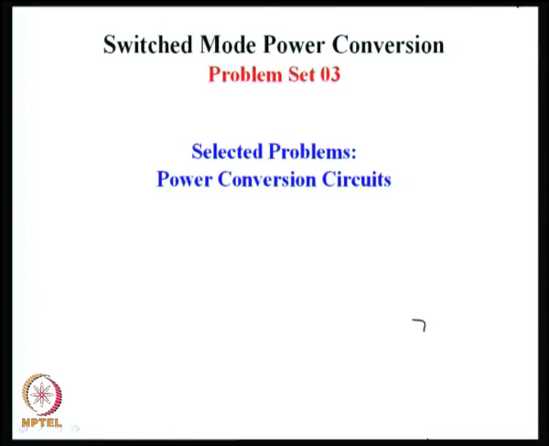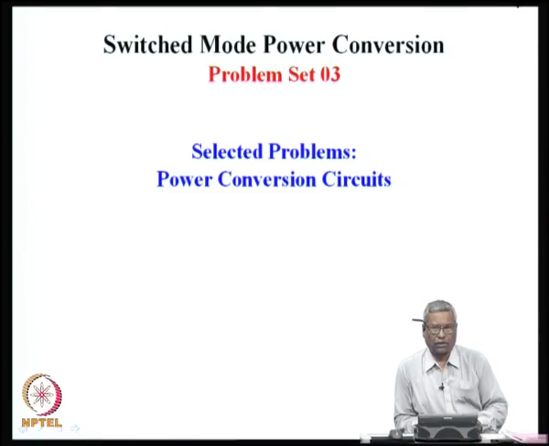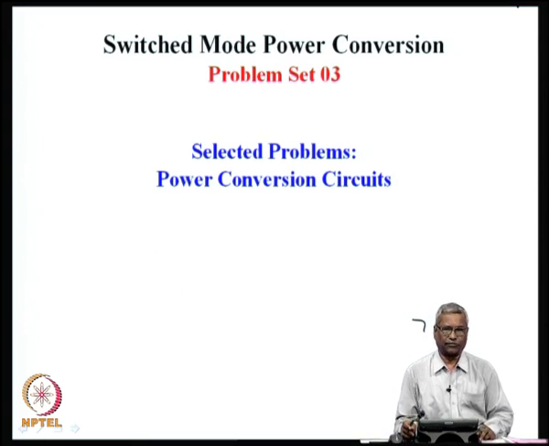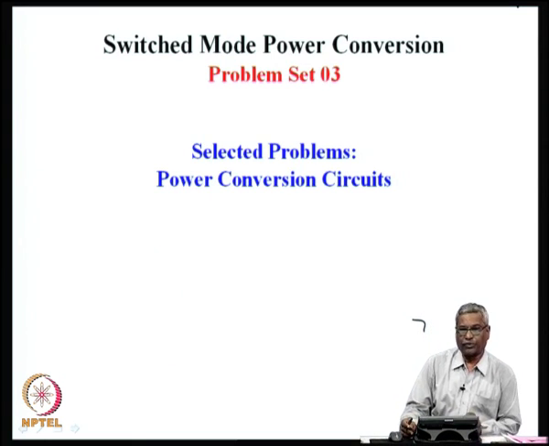In today's lecture, we will look at selected problems in power conversion circuits. In the past 3 or 4 lectures, we had been looking at the steady state analysis of power conversion circuits by making certain assumptions of ideal operation of the switches and ideal performance of all the energy storage elements.